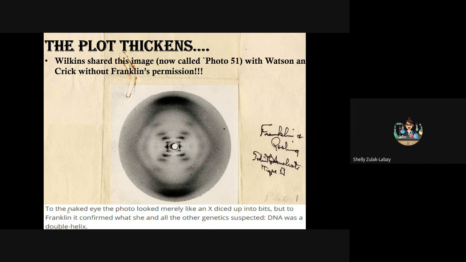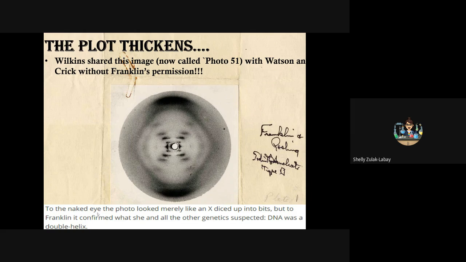So on the bottom, it says, to the naked eye, upon first glance, this photograph called Photo 51 kind of looks like an X cut up into small bits or chunks, but it is what Watson and Crick needed to see to confirm that DNA was a double helix.